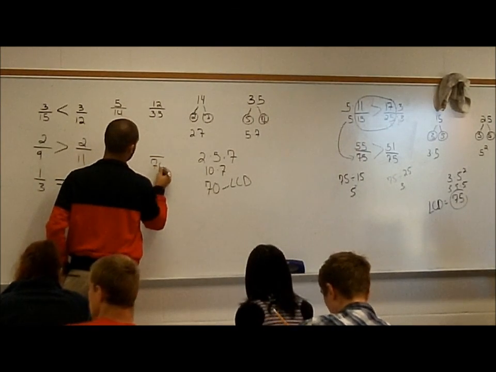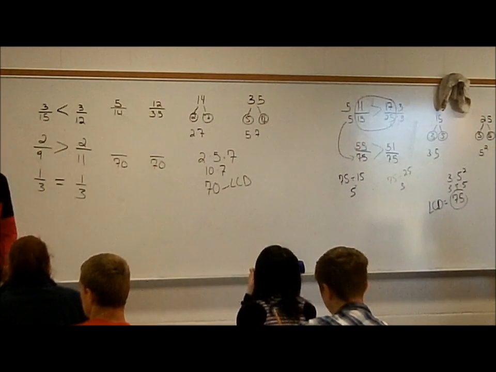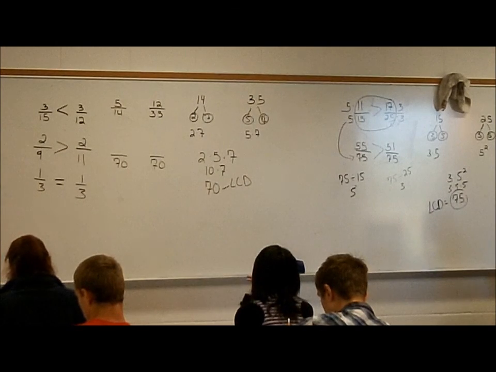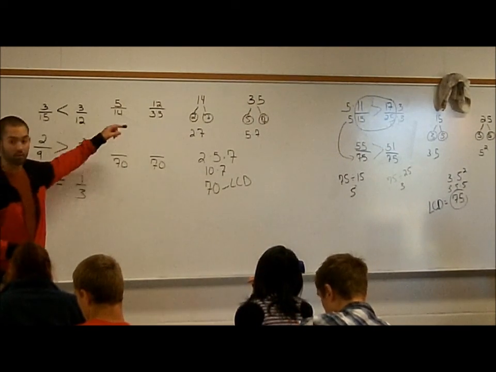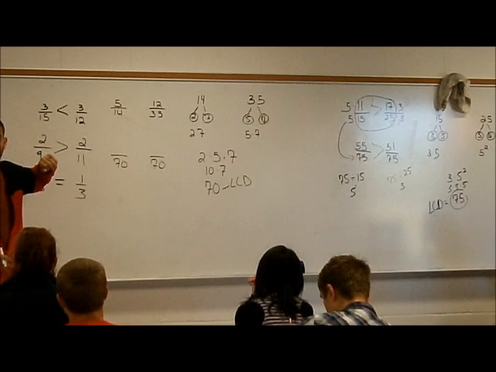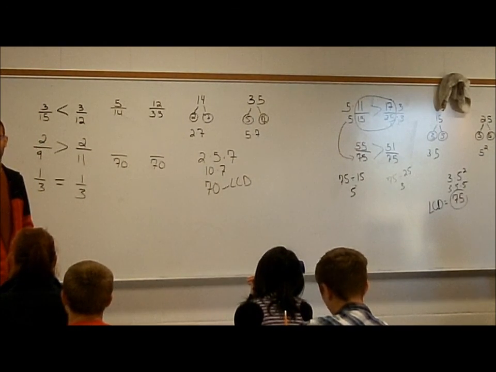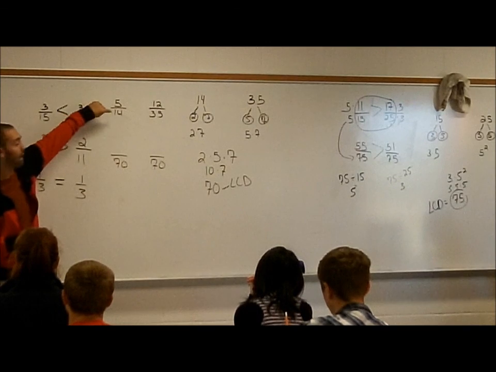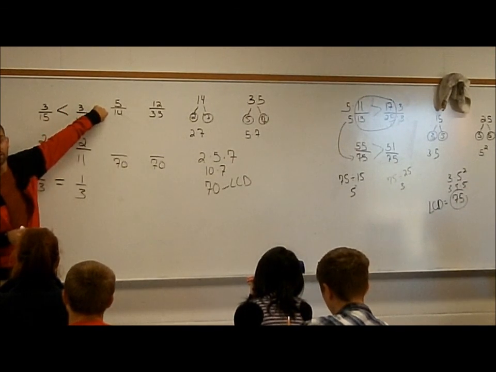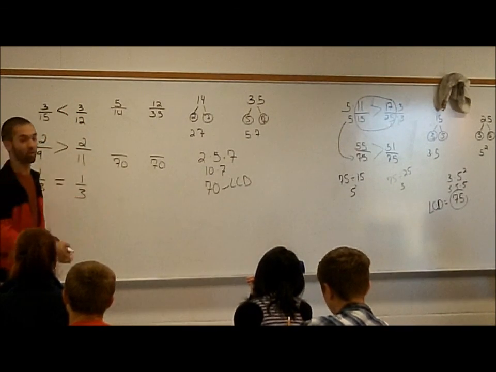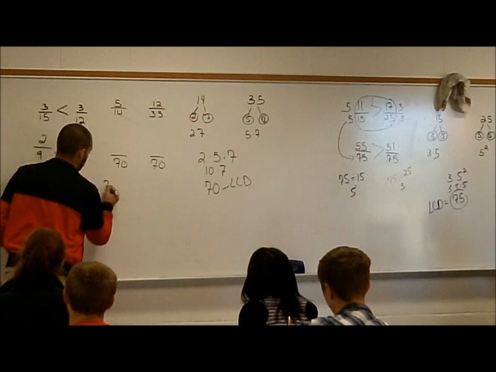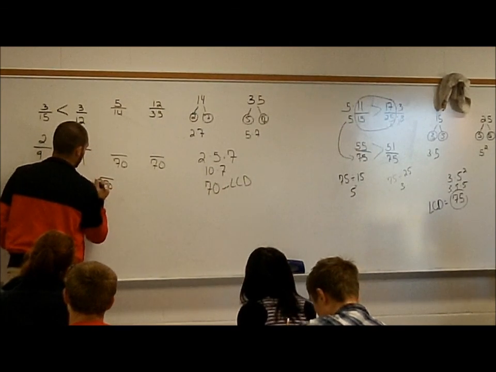What am I trying to figure out? What's my goal? I'm trying to figure out how I get 14 to be 70. So the way I do that is I do 70 divided by 14.